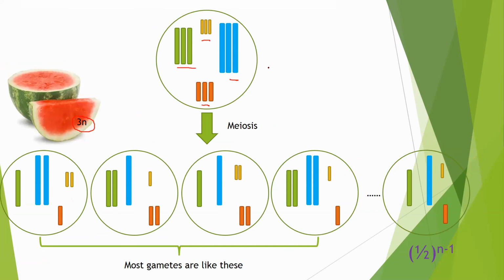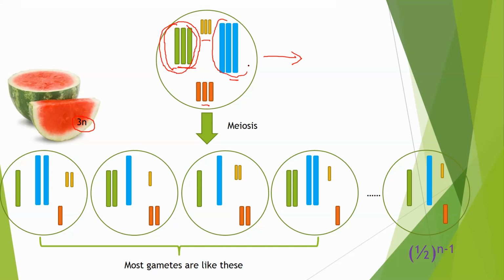During meiosis, this cell is going to produce a gamete. Each chromosome will segregate independently, right? For example, these 3 will segregate independently.